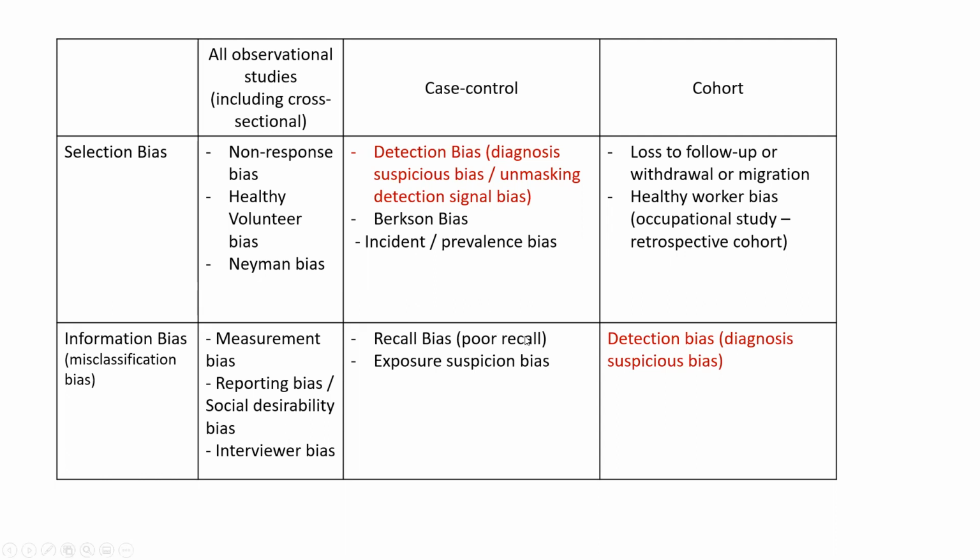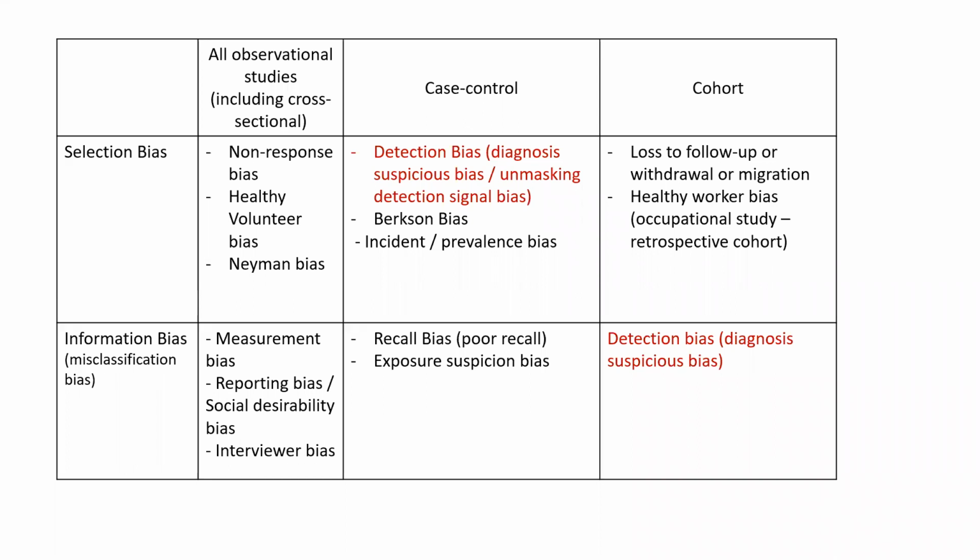And this is different than poor recall. These are two concepts that people tend to mix up, but they are two different concepts. When we talk about recall bias, it means that we have a different recall between cases and controls. In the example that I gave you, cases remember better than controls.